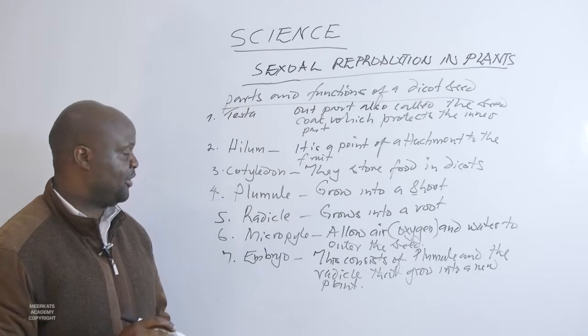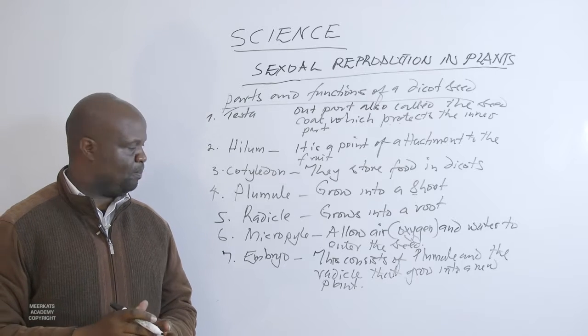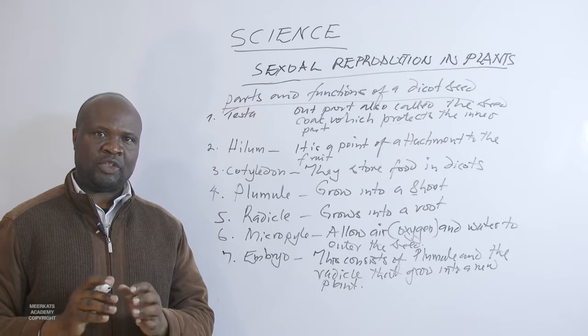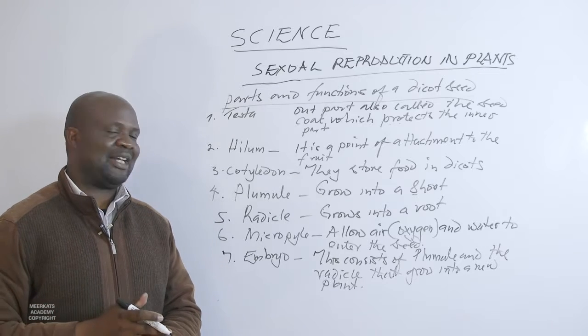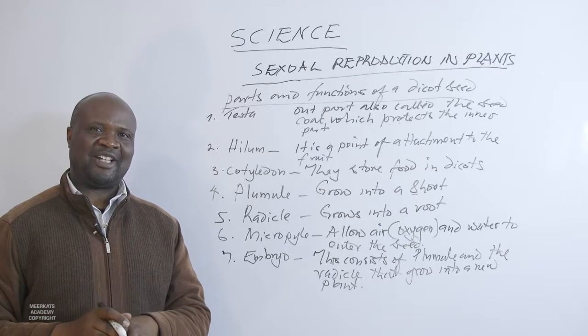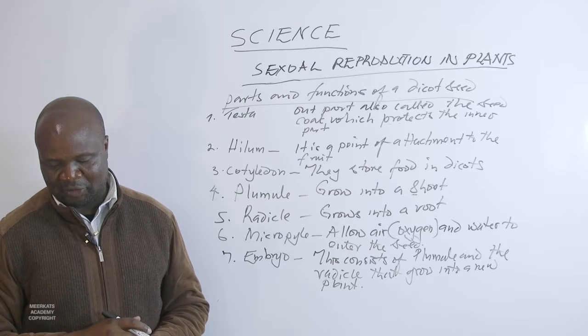A new plant is made from the plumule, and a new plant is made from the radicle. Both of these are what we are terming the embryo, and they grow into a big flowering plant that has stems, leaves, flowers, and roots. Roots are there to support the plant and so on.